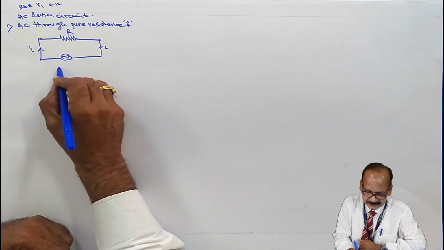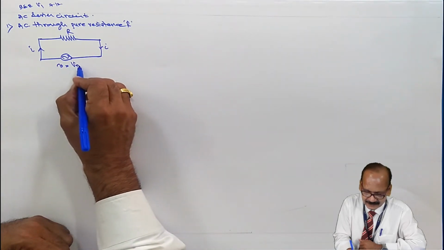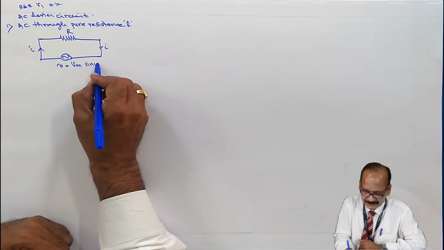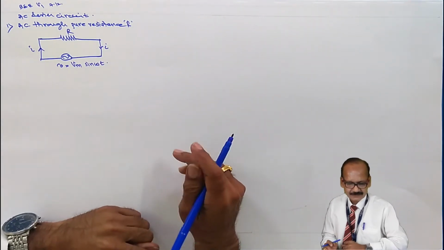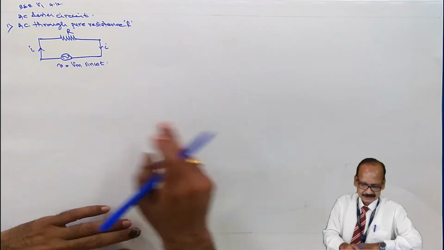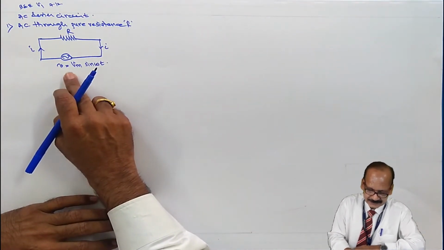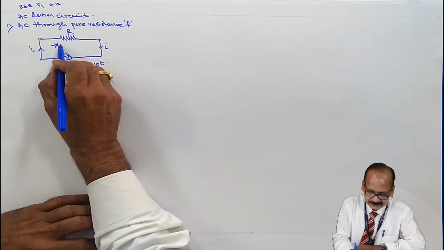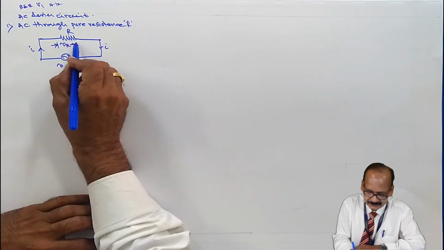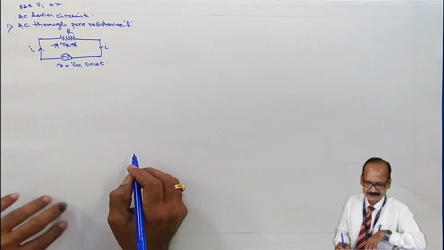The supply voltage small v equal to V max sin omega t. Now as the circuit contains only the resistance, the whole supply voltage will be dropped across the resistance. So this is VR, voltage drop across resistance.